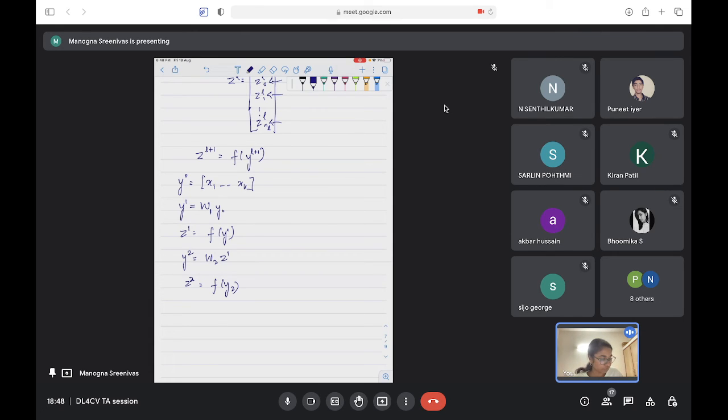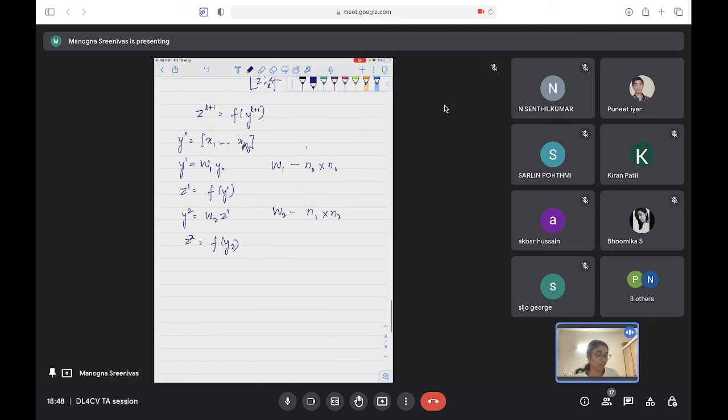Then I get Z2 as f of Y2. So, let me write this as n0. W1 will be of dimension n0 cross n1. W2 will be of dimension n1 cross n2, and so on. So n0 is the number of nodes in my input, n1 is the number of nodes in my first layer, n2 is the number of nodes in my second layer.